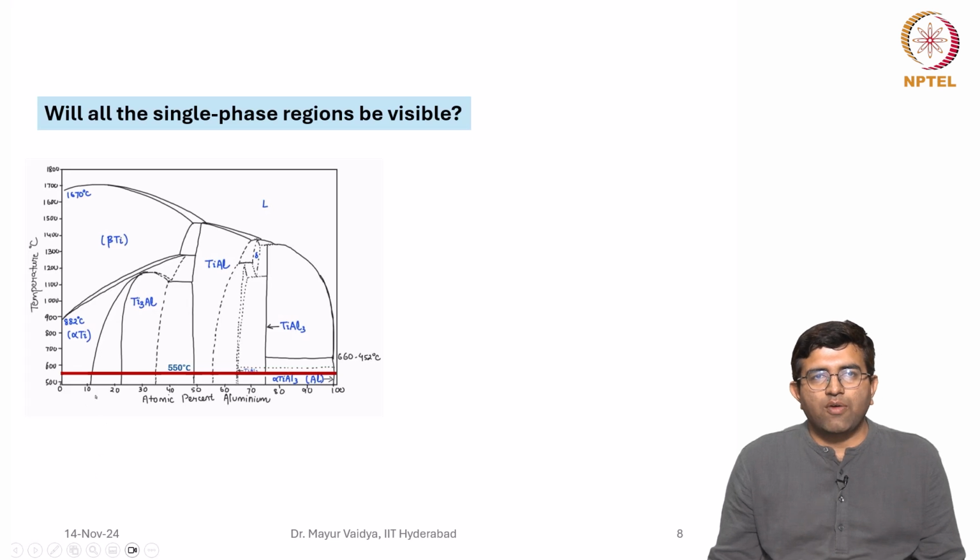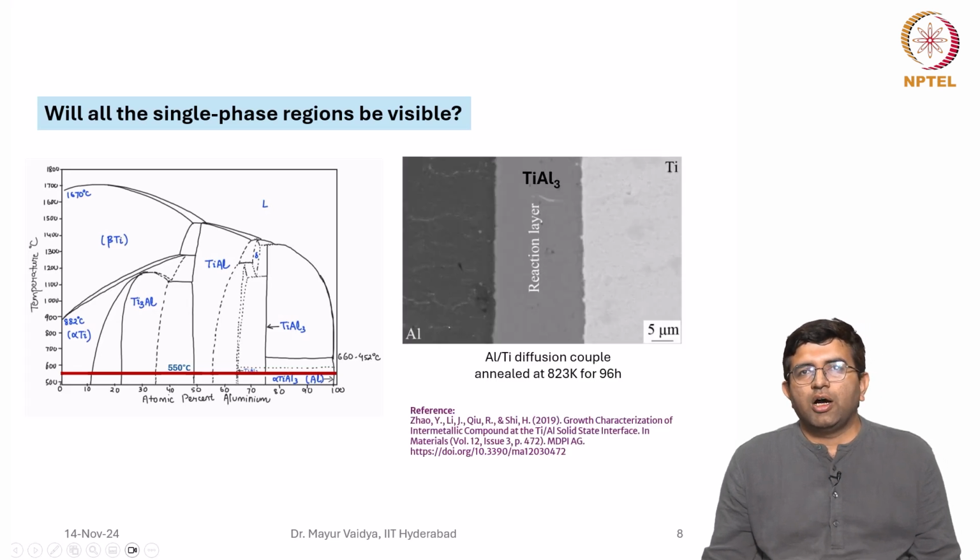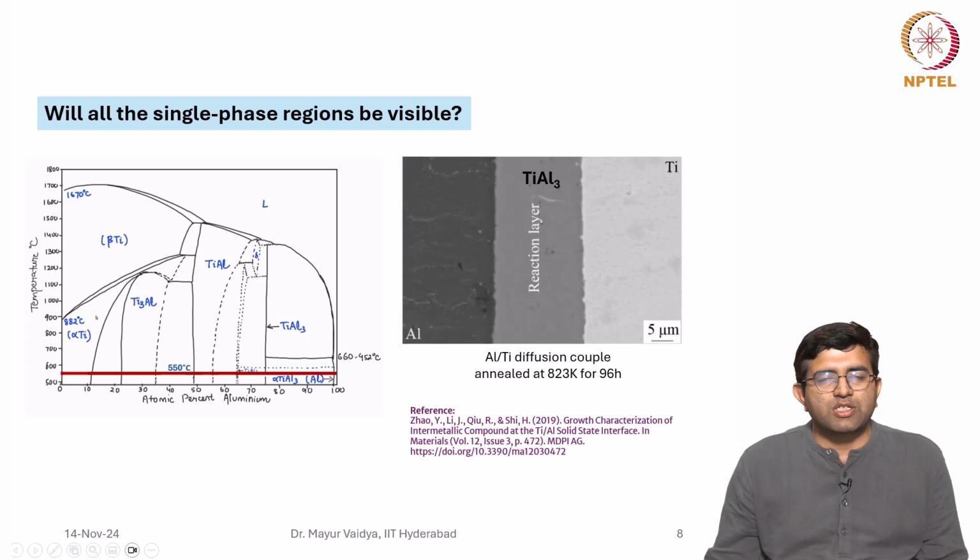For example, you have this titanium aluminum diffusion couple, in which you have several single phase regions. You have a solid solution of titanium, Ti3Al, TiAl, TiAl3, and so on. But now the question is, will all the single phase regions be visible?